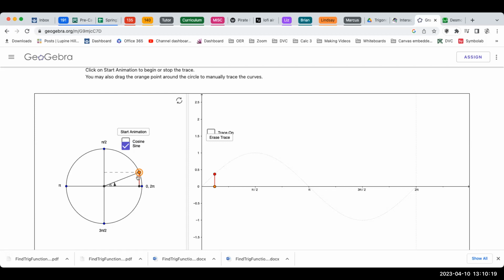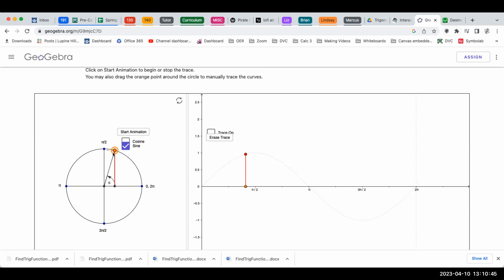As I rotate on the unit circle, what's happening to my angle? Is the angle getting bigger or smaller? Bigger, which is why the angle is increasing in the angle axis. As I rotate towards pi over 2, that Y coordinate is slowly approaching the radius of the unit circle, which is 1.